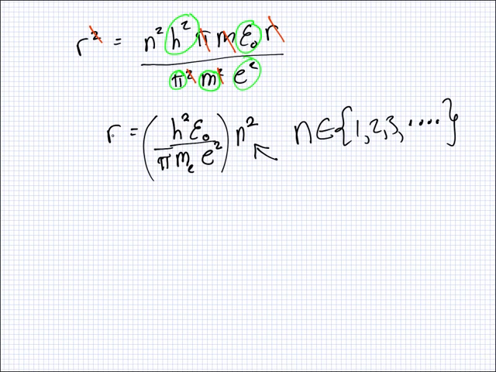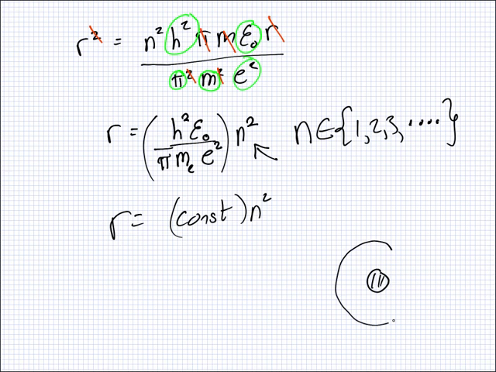Now look at what you have here, okay? You have a formula that says the radius is equal to some constant times n squared. So what you've just worked out is the different radii you can have. So the first one when n is 1 is this. Then when n is 2 is this. You've just worked out the orbital radii.